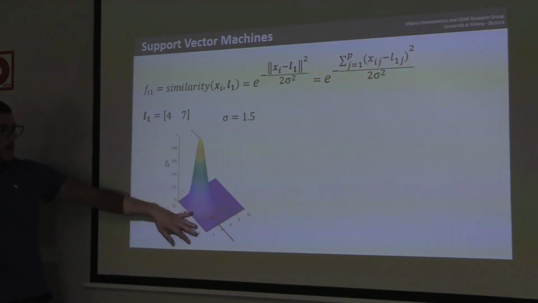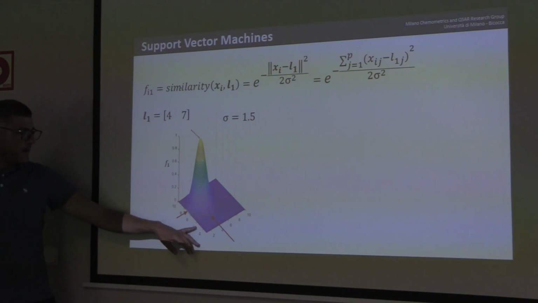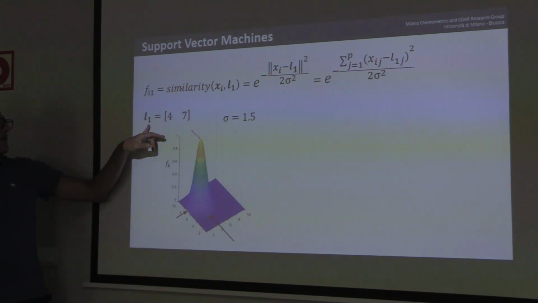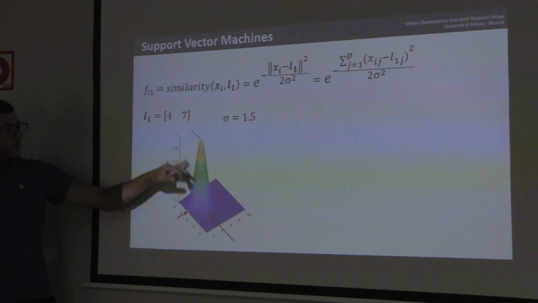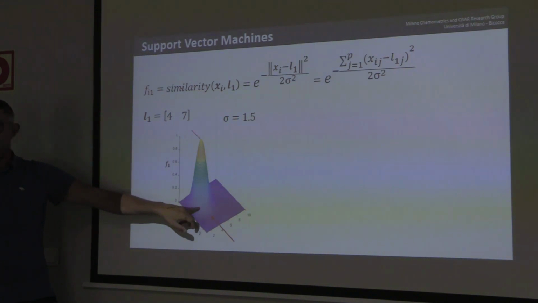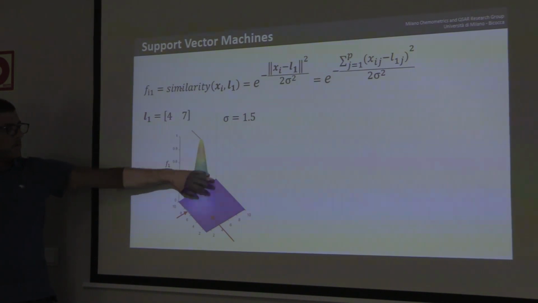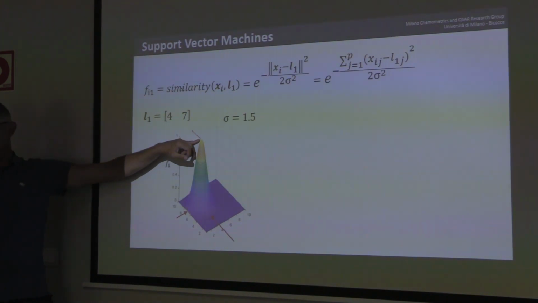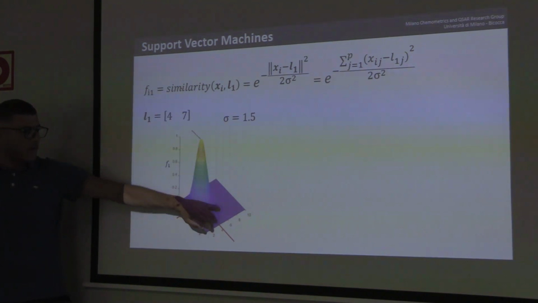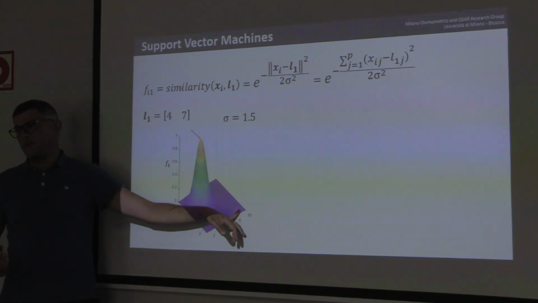Here I have a generic space with two variables. I have a landmark in this position, 4 and 7. And this is the similarity with respect to this landmark in the space. You see the similarity is equal to 1 at the landmark, and then it decreases if I go far from the landmark.